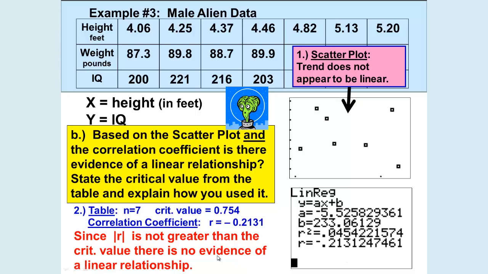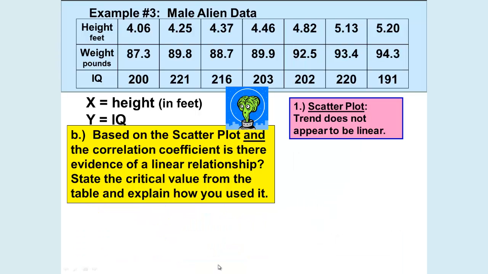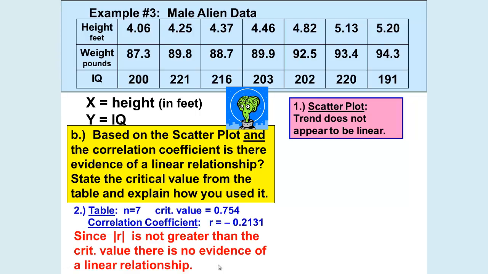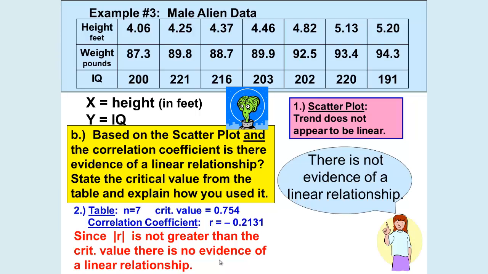Since the absolute value of r is not greater than the critical value, there is no evidence of a linear relationship.